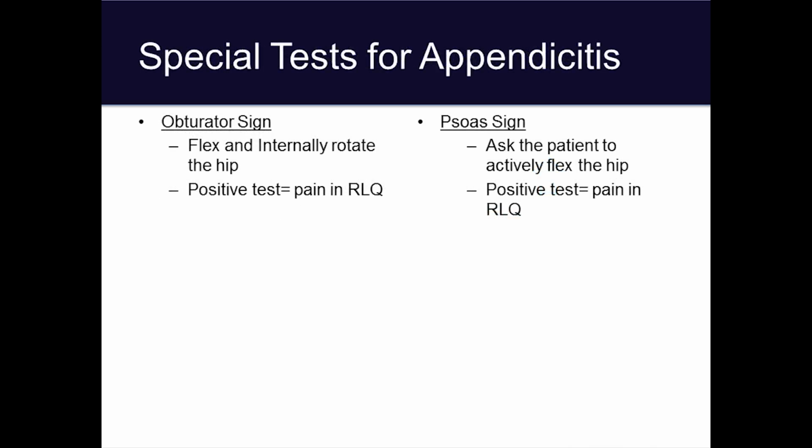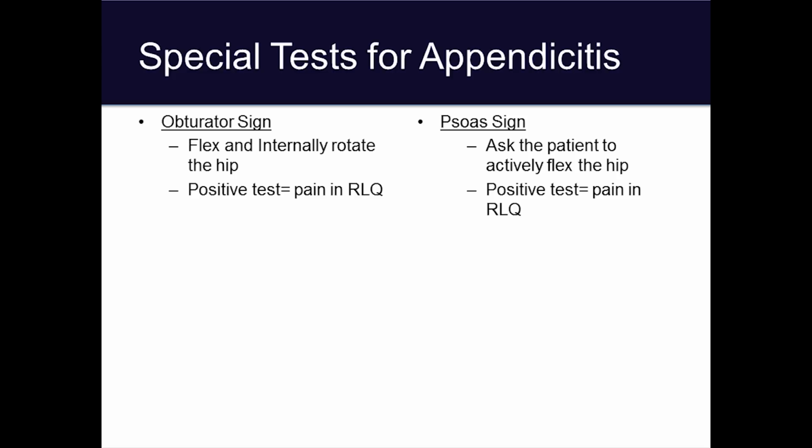There are two other tests you can do for appendicitis. One would be the obturator sign, where you have the patient flex and internally rotate the hip. This is done passively. A positive test would be pain in the right lower quadrant. There's also psoas sign. You ask the patient to actively flex their hip, and usually you place your hand right above their knee, and they're pressing up against your hand.